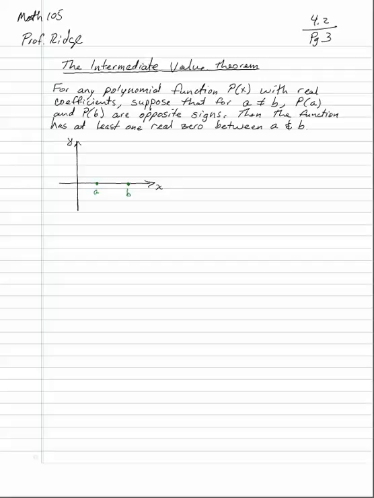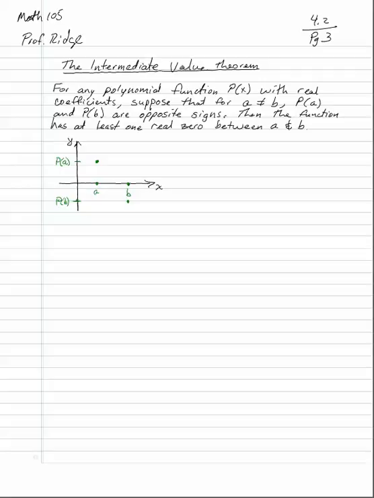So basically we're saying one P of a is positive and the other one is negative, and it doesn't matter which. They're opposite signs. So if we say P of a is positive, so that's above the x-axis, and if we say P of b is negative, now there's a property of polynomial functions that they're smooth continuous curves, meaning that we can draw it without picking up our pen.